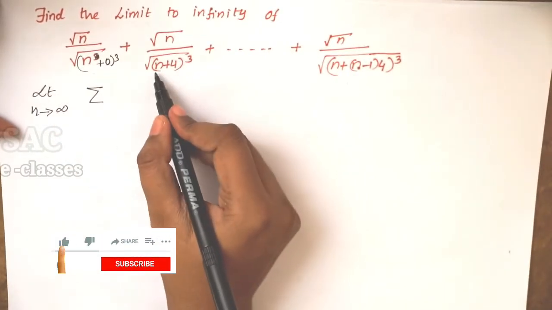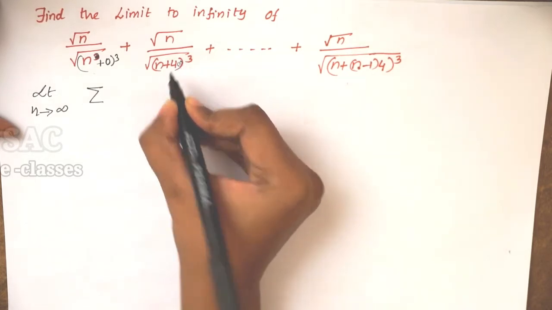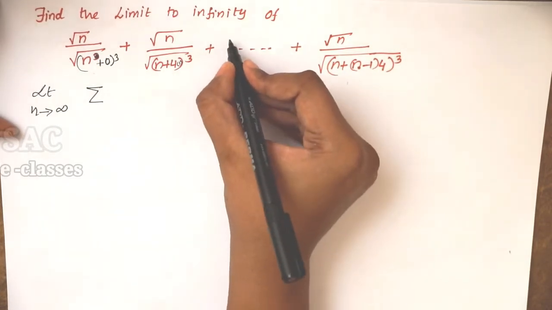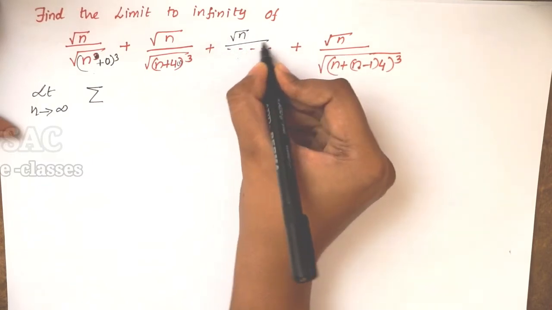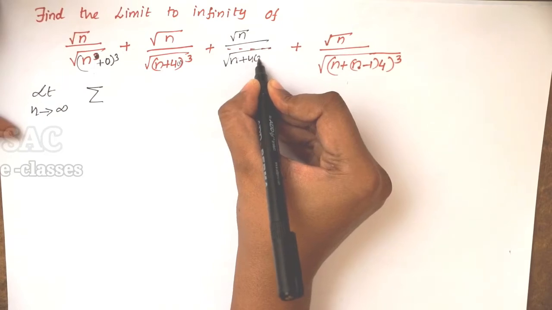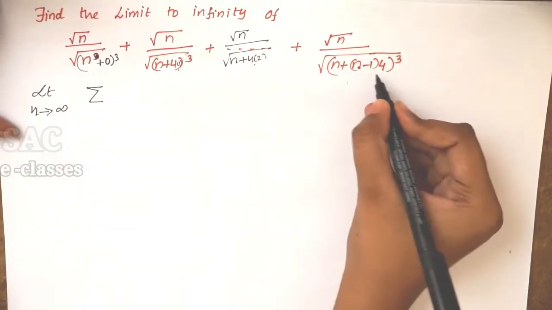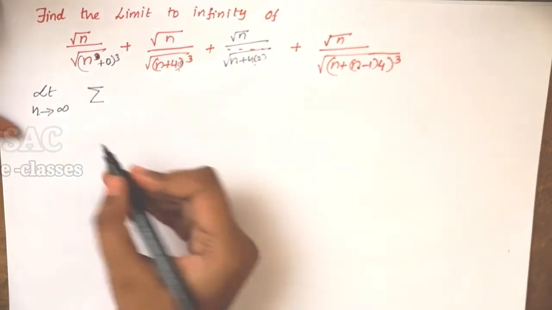Yes. (n plus 4) whole cube means 4 into 1. Then can I write the next one as root n by root over (n plus 4 into 2)? Here 4 into 0, 4 into 1, 4 into 2, so 4 into n minus 1.